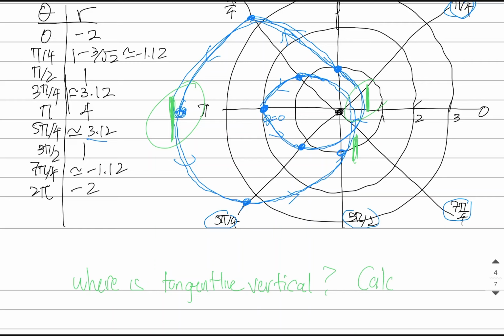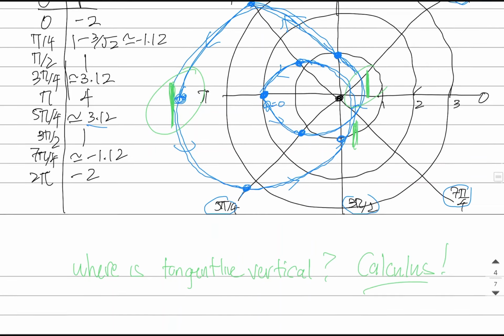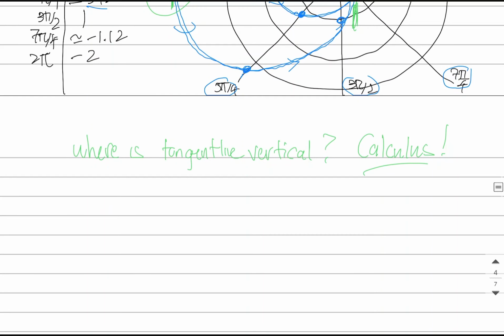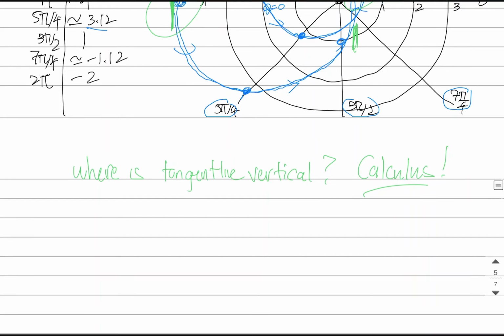And this is going to require us to do some calculus. Now, we have talked about tangent slopes, and tangent slopes always come from a derivative. And in our particular case, a vertical tangent line means that the slope is undefined. In symbol form, that would be dy/dx is undefined.